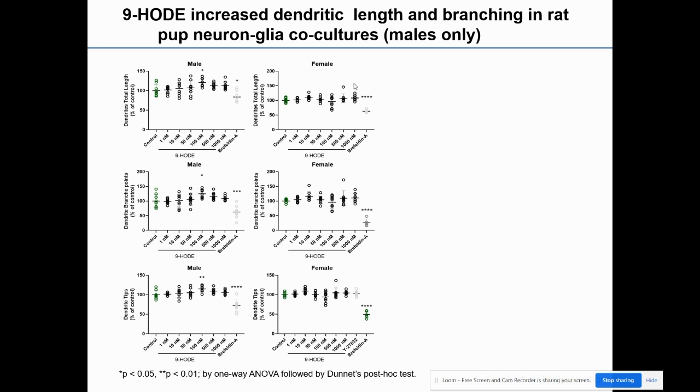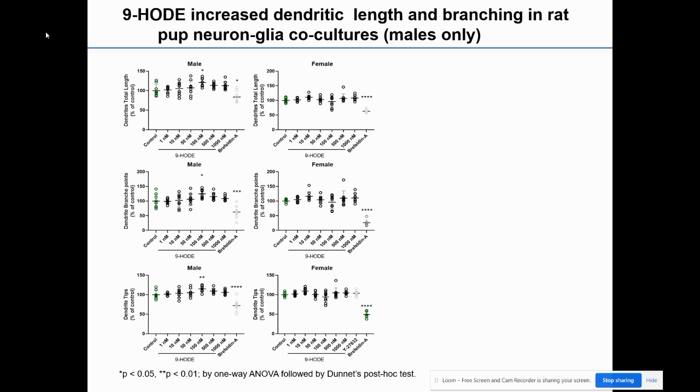So what you see here is dendritic properties, including dendritic length, branch points, and tips. So if you think of a neuron, it has a cell body, it has dendrites. Dendrites are like the antennas that are receiving signals, and then they pass them into the cell body, and the cell body shoots them through axons to other neurons, so it sends the message on.